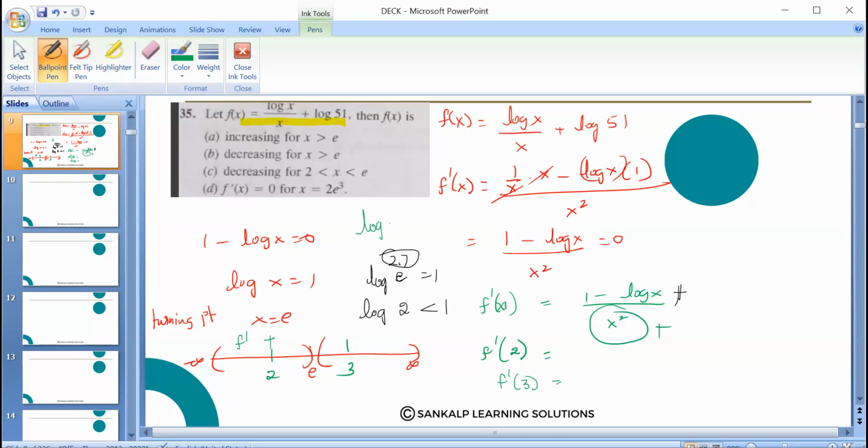If you put log 3, it will be greater than 1. Greater than 1 means f dash will be negative. So positive, but here negative. So f is increasing and then decreasing.